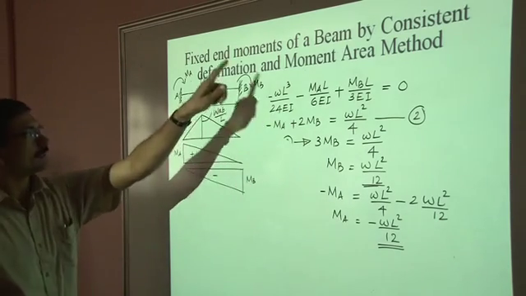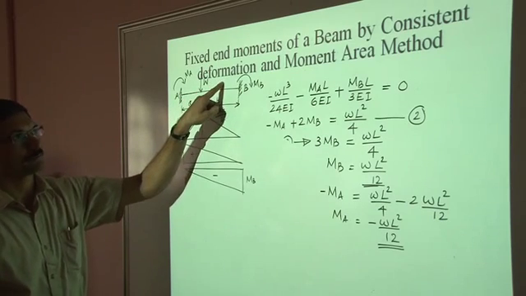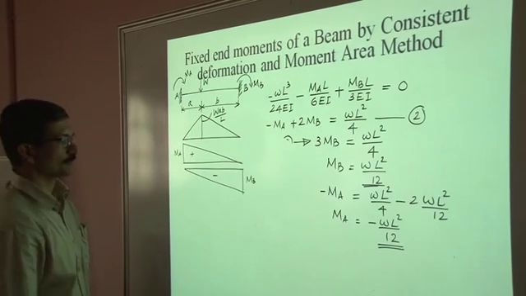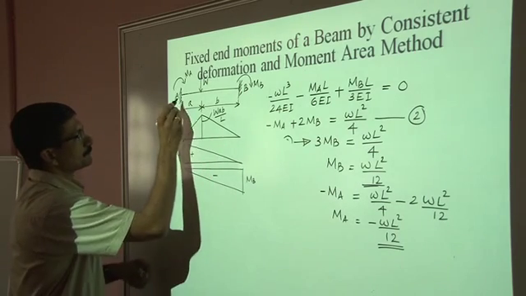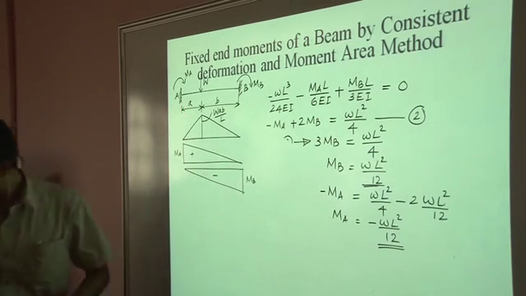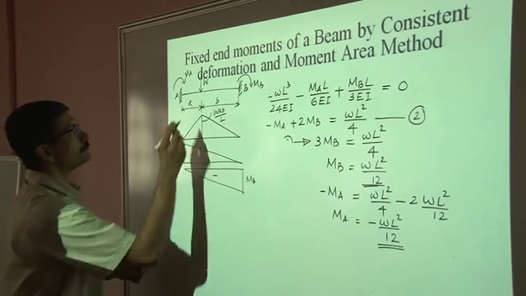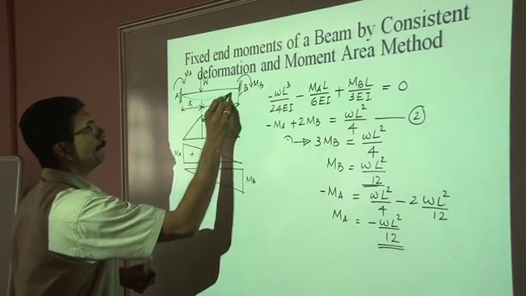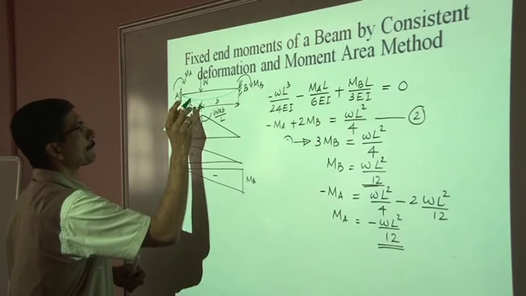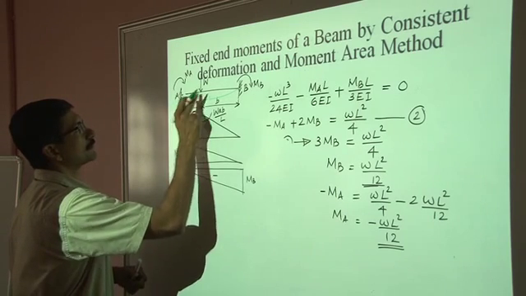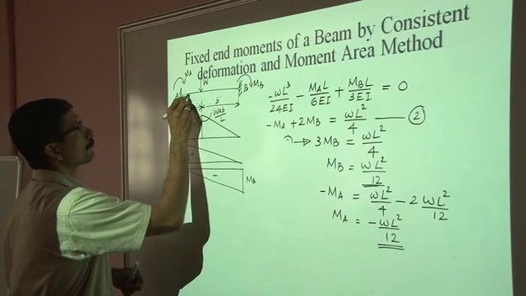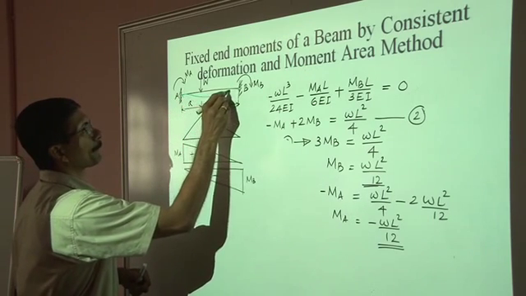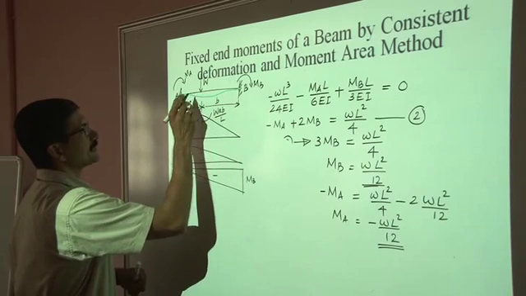And the equation of compatibility from the method of consistent deformation would look like the slope here, actual slope here is equal to 0.